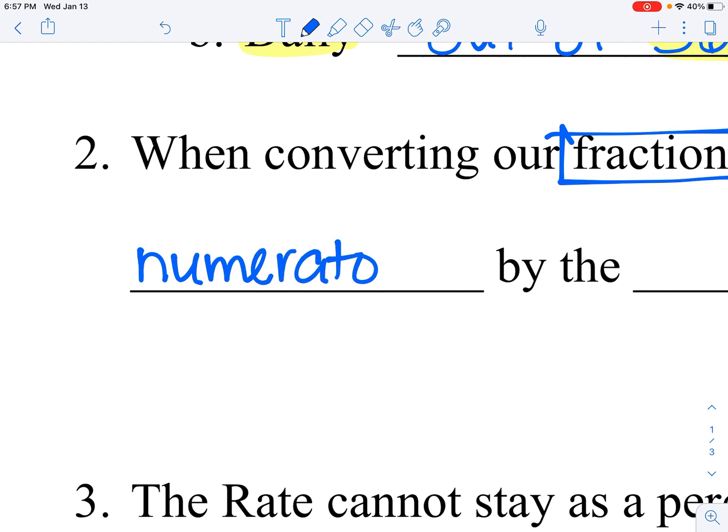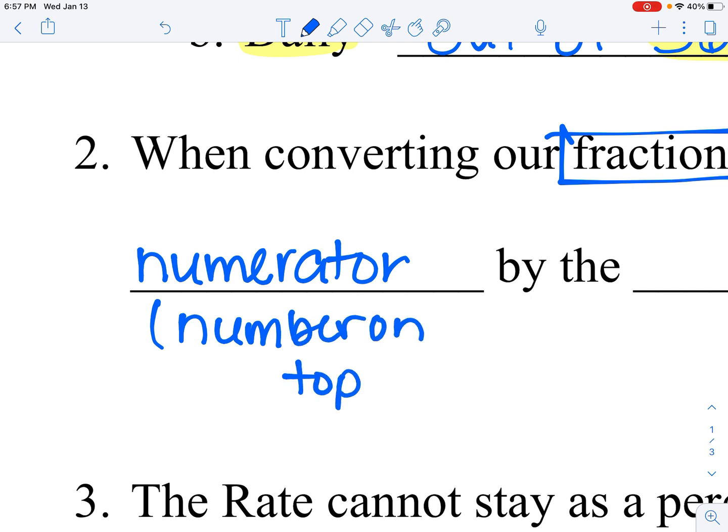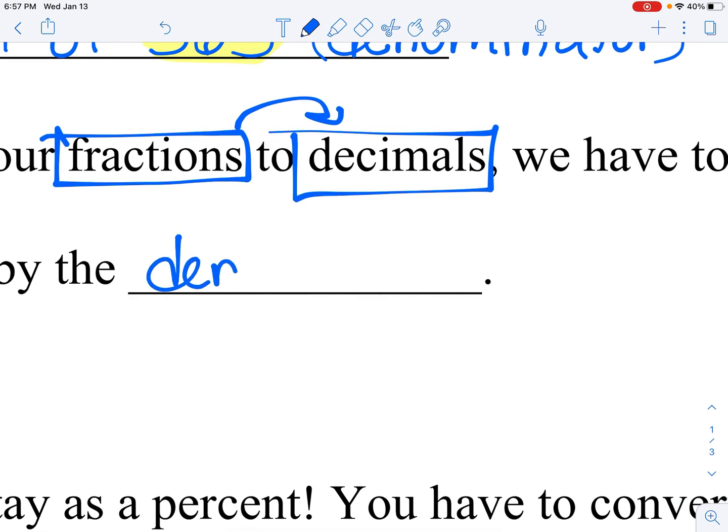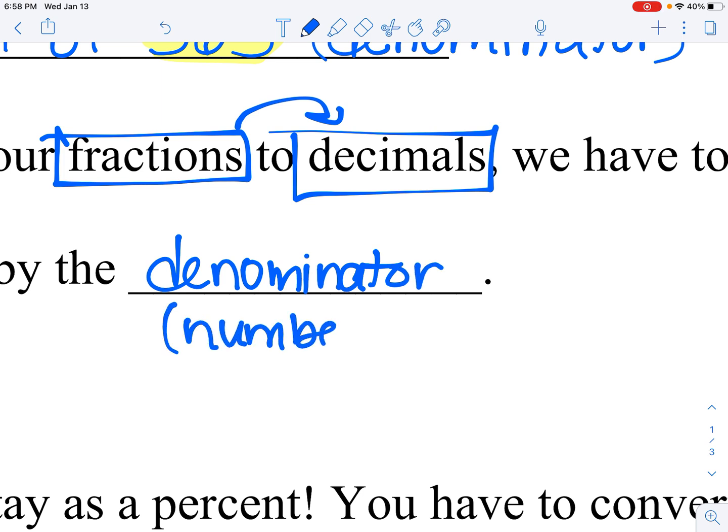I'm going to put down here, in case you forget what numerator means, the number on top. Then we take that number and we divide it by the denominator, which is the number on the bottom.